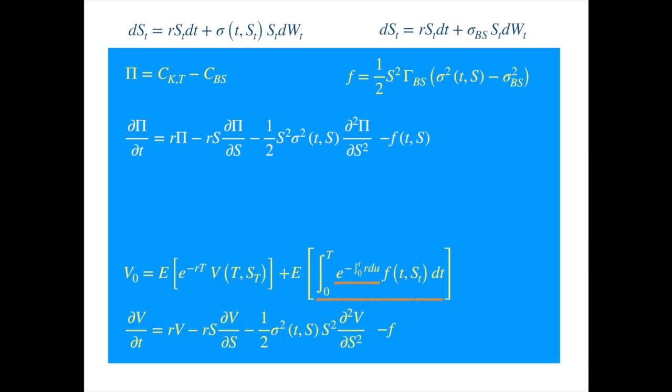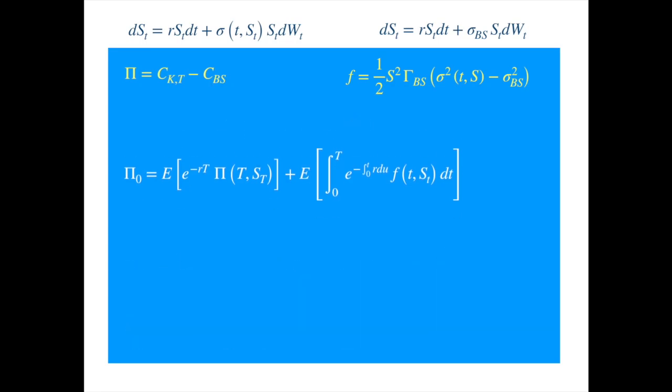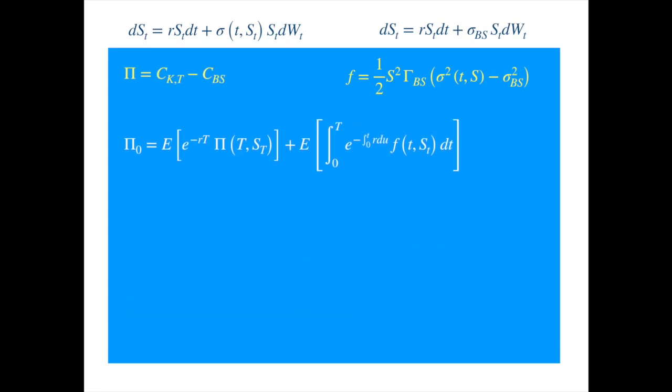Using this result, we can write the value of our portfolio in terms of the conditional expectation. We have the PDE and we are writing it in terms of the conditional expectation. Now the portfolio is long one option and short an option of the same maturity, the terminal payoffs of which are equal.